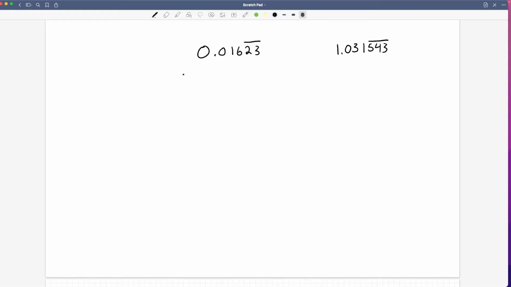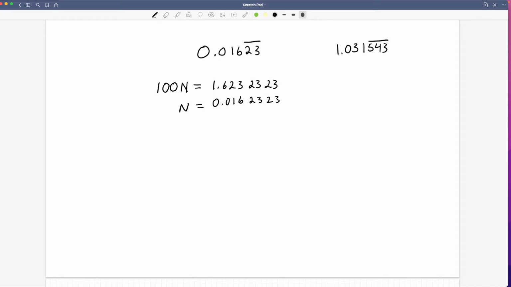So we'll multiply this number times 100, and we'll set it equal to 100n. If we multiply this by 100, we move the decimal over 2 places, so this would be 1.6232323, repeating. Now we'll say n is equal to 0.0162323, constantly repeating.